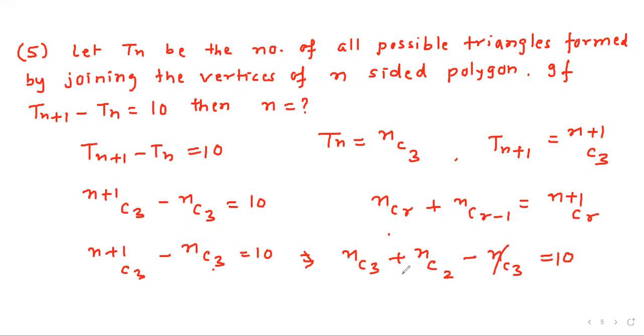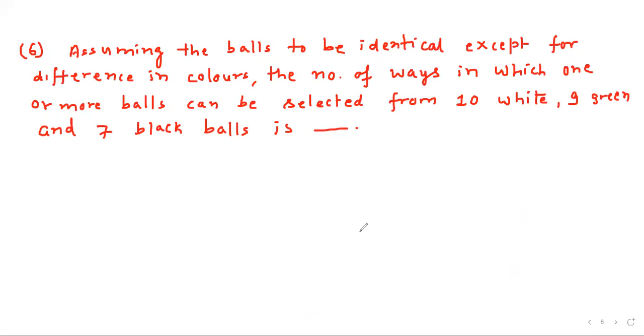So nC3, nC3 will cancel out. nC2 will be 10 and nC2 is n into n minus 1 divided by 2 equal to 10, which will give n equal to 5. So this is our answer. Let's consider next question.